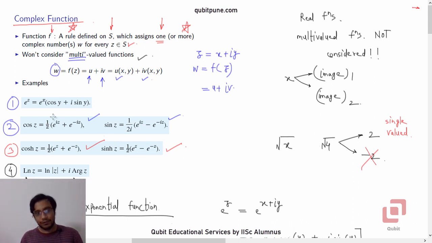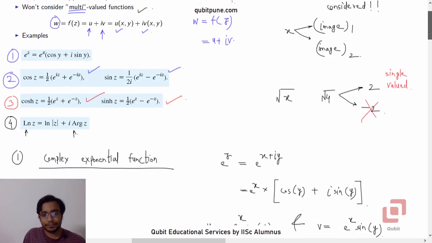We have seen 4 of them. Well, not 4, in fact 6 of them: the complex exponential function, the trigonometric functions cos z, sin z, then hyperbolic functions cosh z and sinh z, and the logarithmic functions.